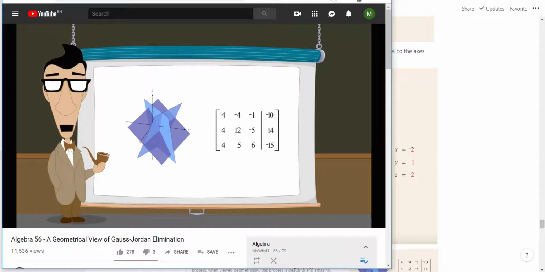Regardless of the sequence of row operations used to get to reduced row echelon form, only the pivot operations change the orientations of the planes, each pivot operation causing a single plane to rotate around its line of intersection with the other plane used in that operation.